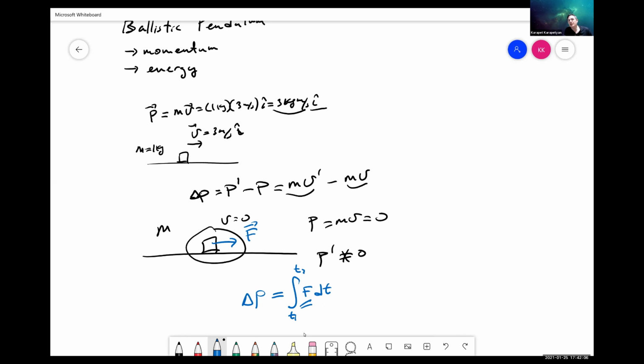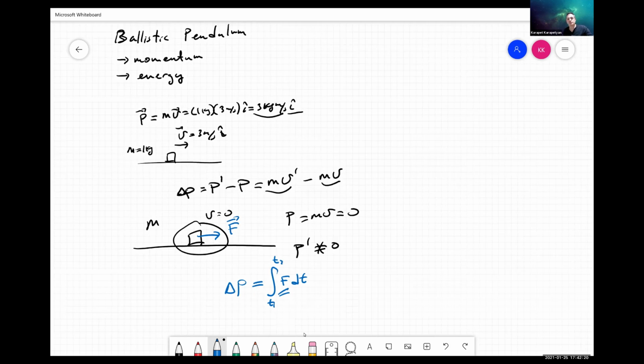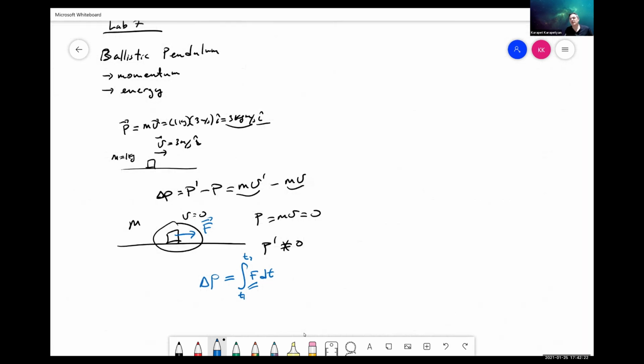And this dt generally is the time during the contact. That means there has to be a force acting on it that changes the momentum. This dt represents the period where the force is applied and the change in momentum is happening.